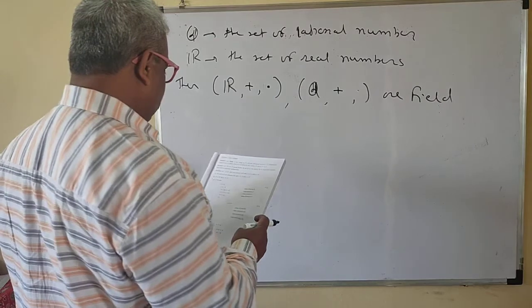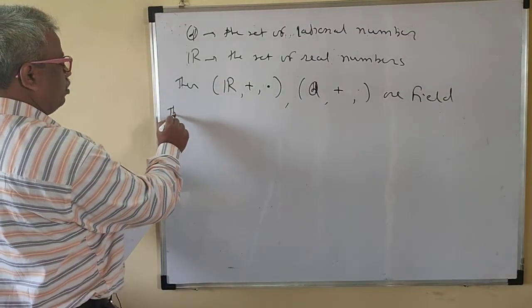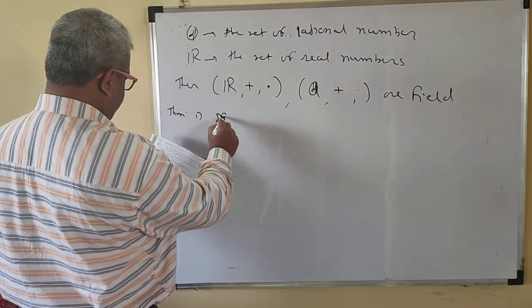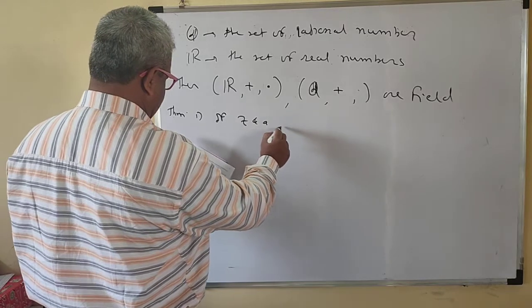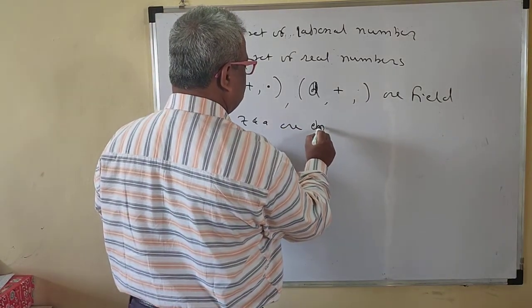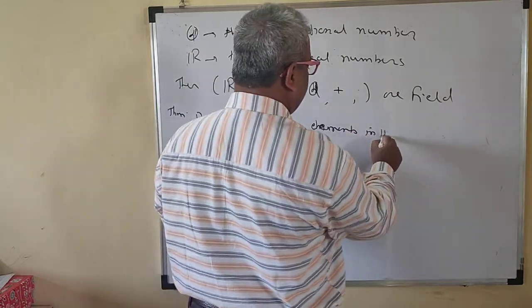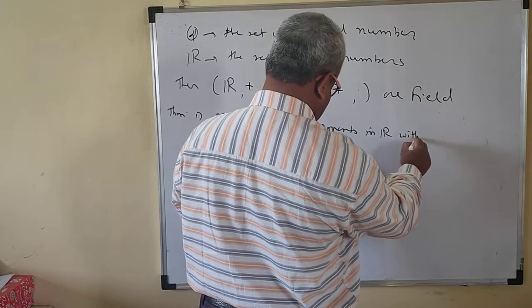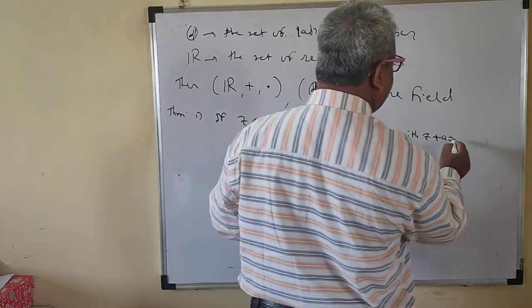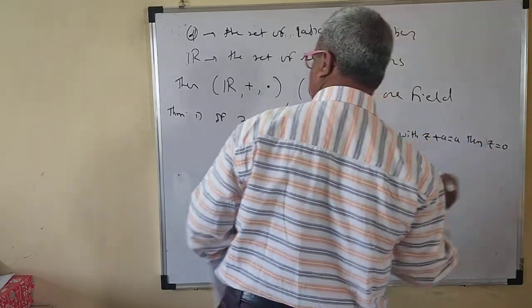Okay, now next we will take a theorem. Theorem: One, if z and a are elements in R with z plus a equal to a, then z is equal to 0.